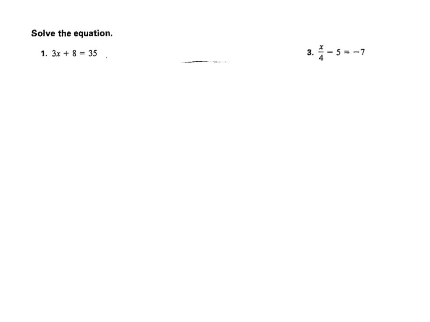I want to talk about number 3. A shortcut on number 3 would be to move the 5 over first. Everybody look at number 3. I don't want to multiply everything by 4 because it's a lot easier if I just get the 5 over with the 7. And then I have x over 4 equals negative 2. Which means now I have to multiply both sides by 4.